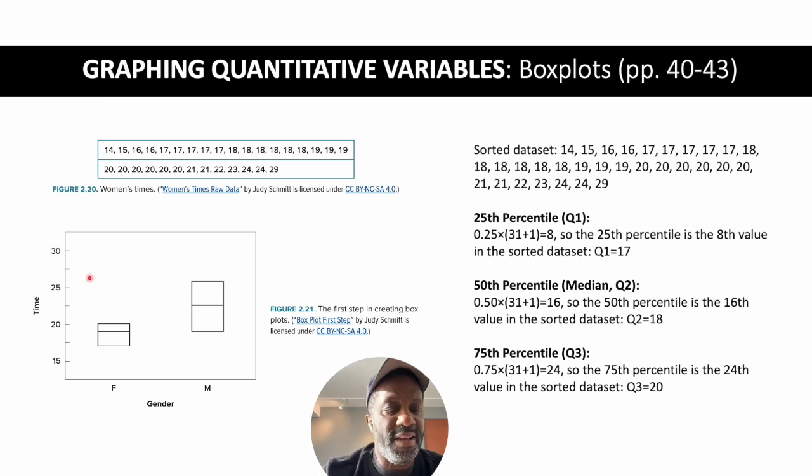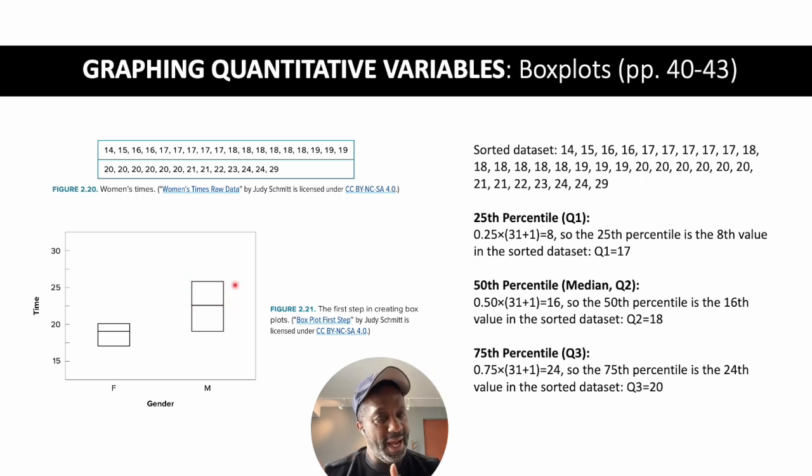So on the left side, we see the female times, the 25th, 50th, and 75th percentile. And on the right side, we have the men's times. Again, we have the bottom line, which is the 25th, the lowest percentile, the 50th in the middle, and the 75th.